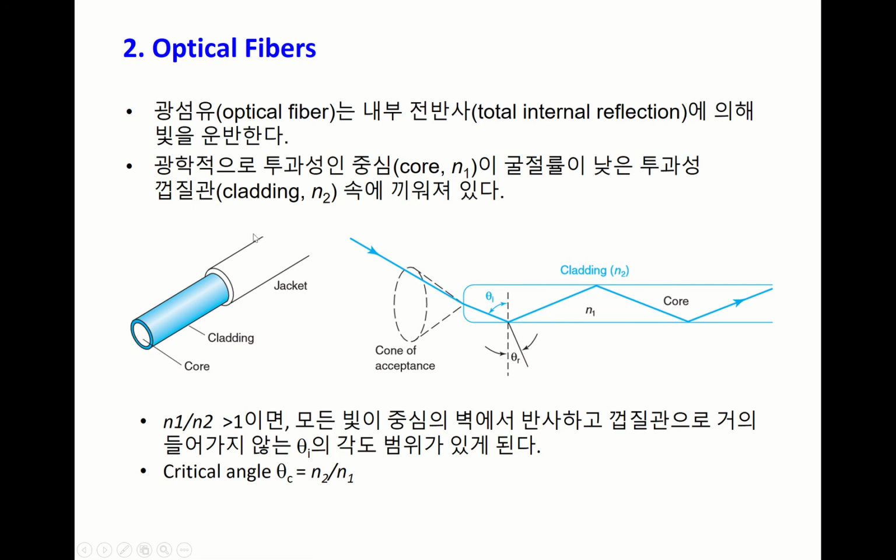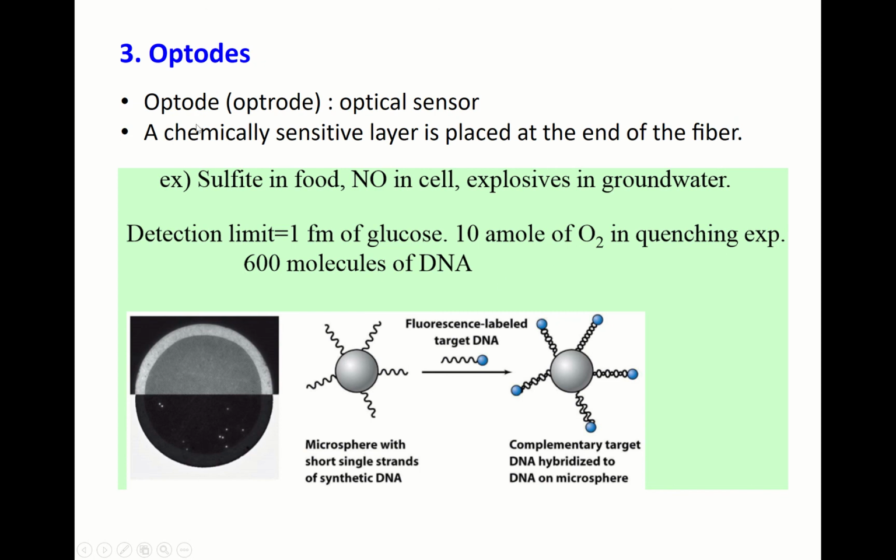So this optical fiber is very flexible, and you can connect one end to one thing and the other end to another. Optodes are a kind of electrode, but optical electrode. This is called an optical sensor.